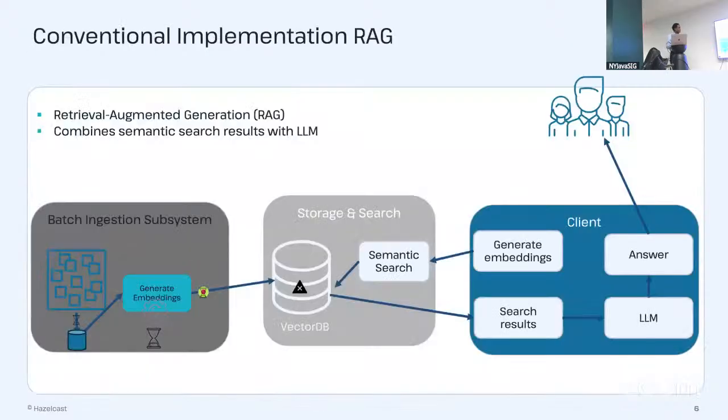So what does a conventional RAG application look like? Typically, you have a subsystem. Maybe this is your content database. You're grabbing things from the content database. You're generating your embeddings with your model, and you're storing the resulting vectors into some sort of vector DB.